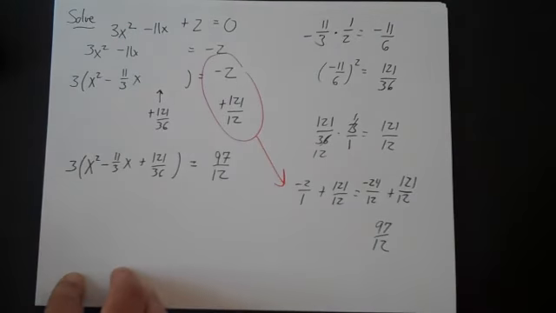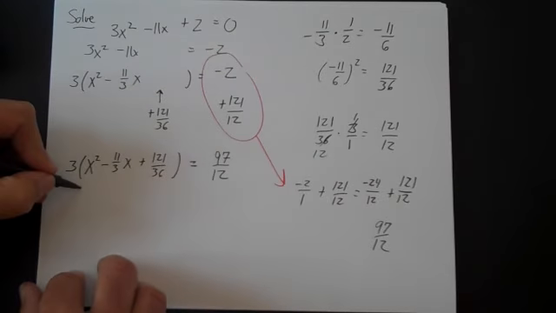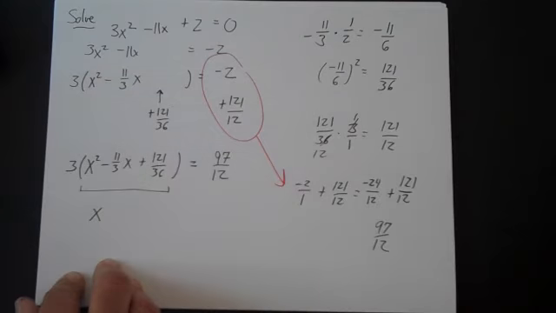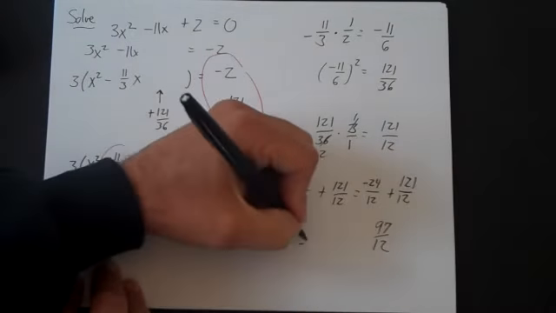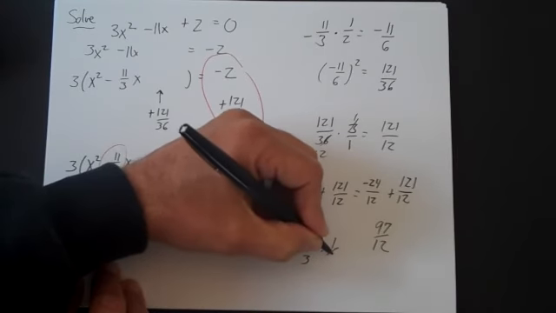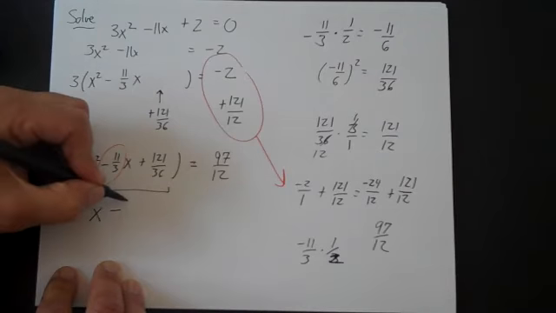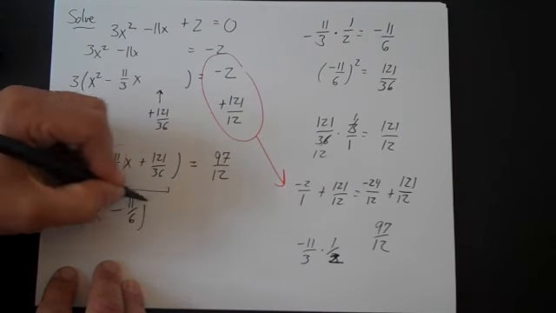Now I'm going to factor. Although this looks really hard to factor, it's really just going to be x and then half of minus 11 thirds. So half of minus 11 thirds is minus 11 thirds times 1 half, which is minus 11 sixths. And that's all the factoring is.